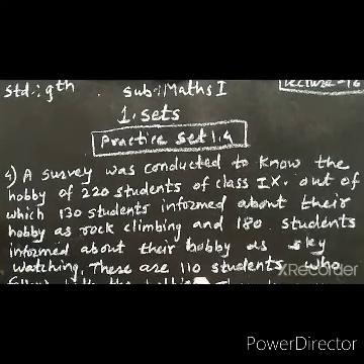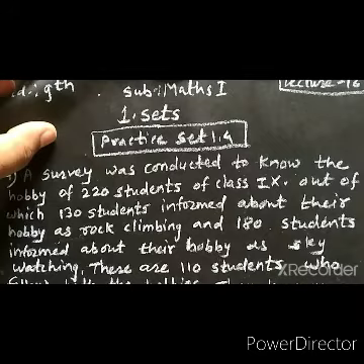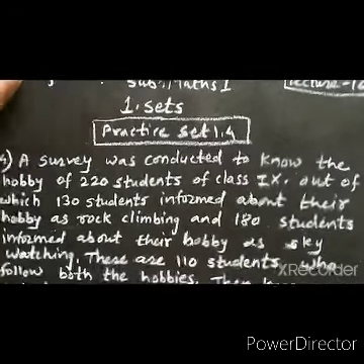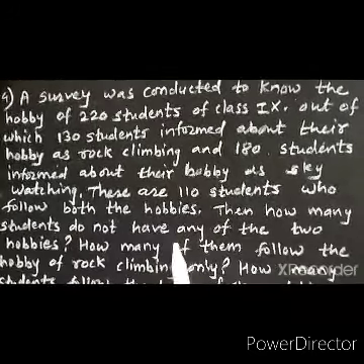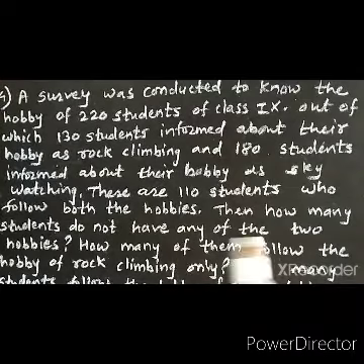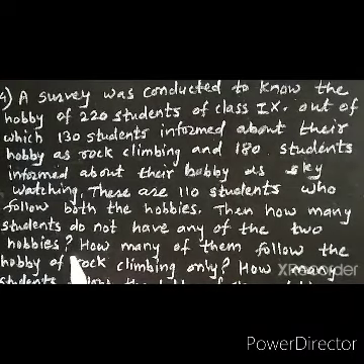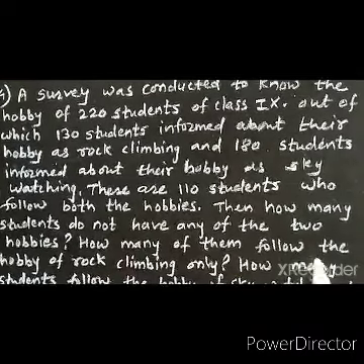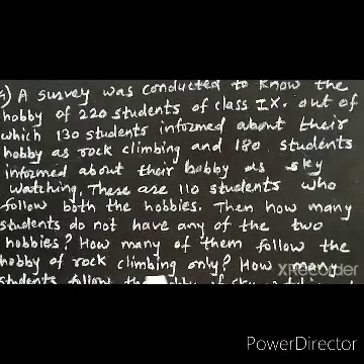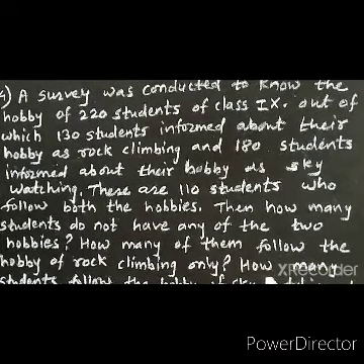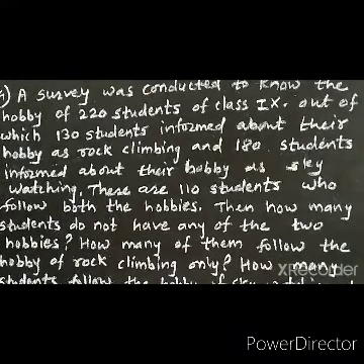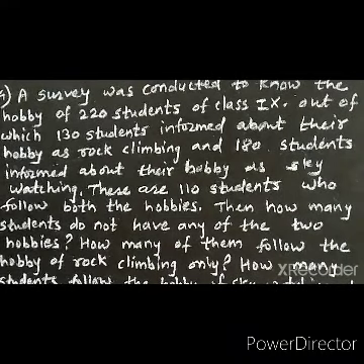There are 110 students who follow both the hobbies. Then, how many students do not have any of the two hobbies? How many of them follow the hobby of rock climbing only? How many students follow the hobby of sky watching only?